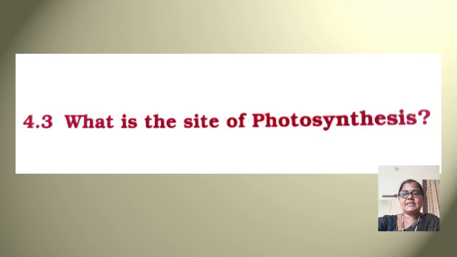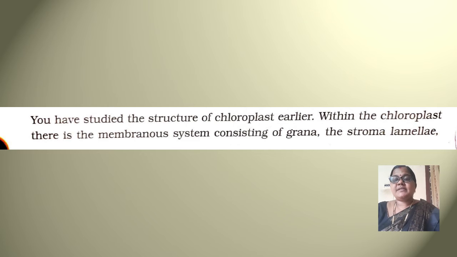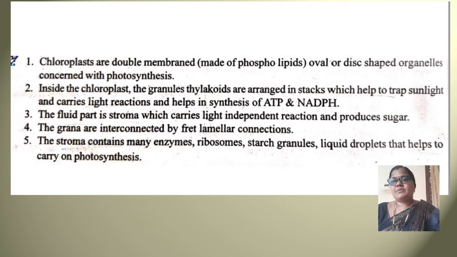And the next topic is what is the site of photosynthesis. In the previous class, that is in the first year class, we have already studied the structure of the chloroplast. Once again, I will repeat it here. Where is the chloroplast present?